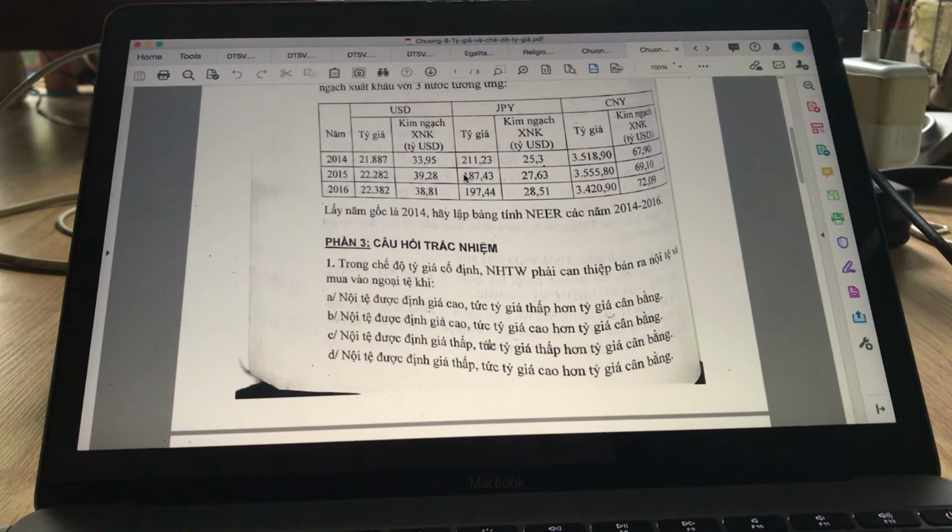The information in question 1 is the decision of the central bank, but why do they choose to do that? So simply we use this graph to see.